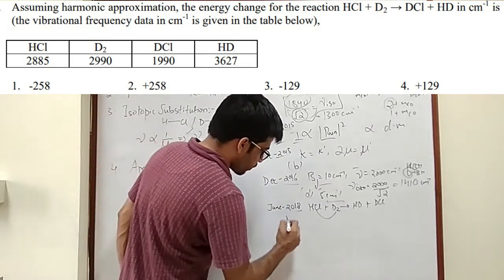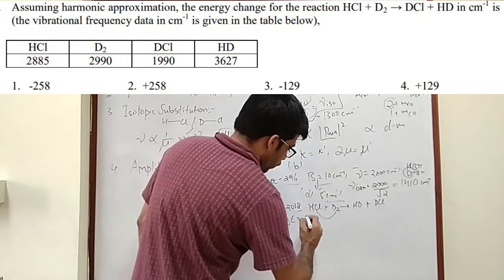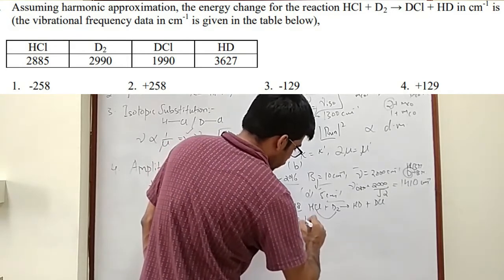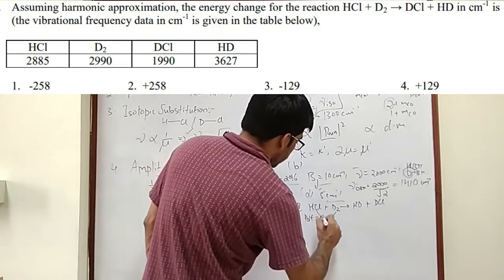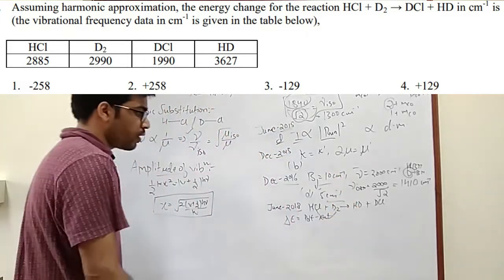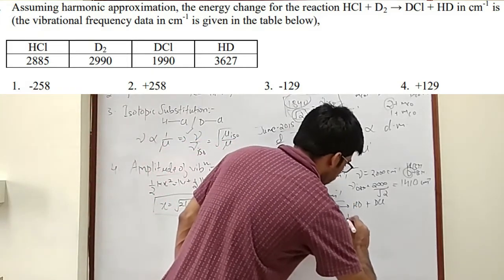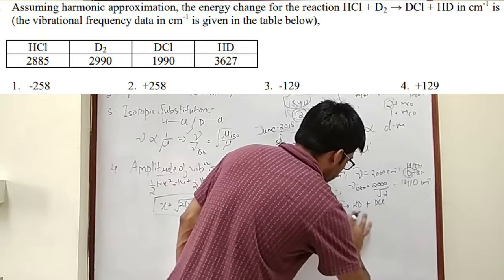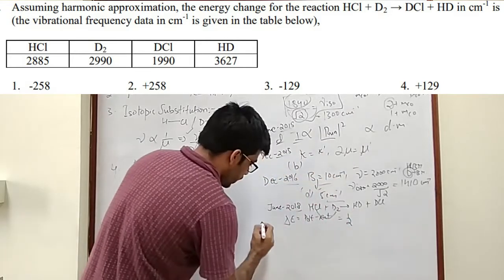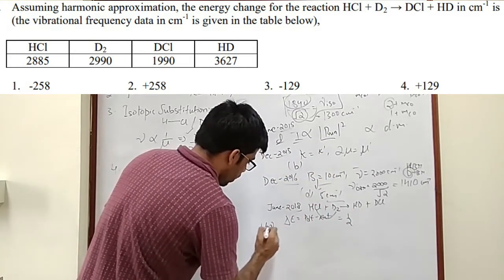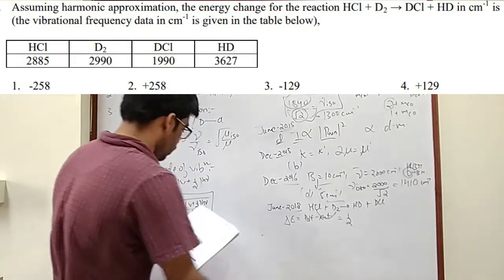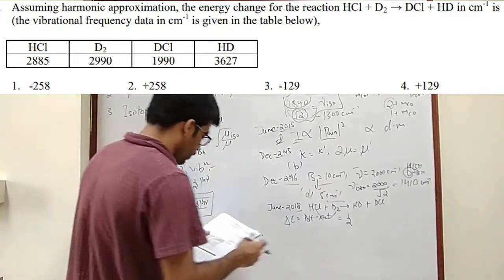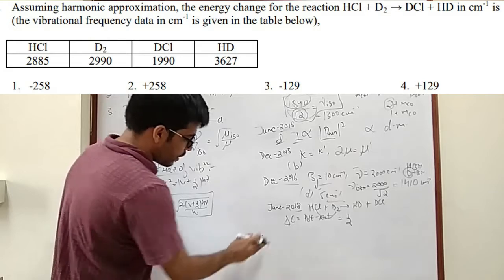Now delta E is the change, product minus reactant. All the energies are in terms of half h nu, and since it's given in centimeter inverse, these are vibrational frequency data.